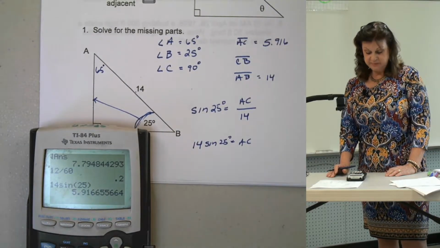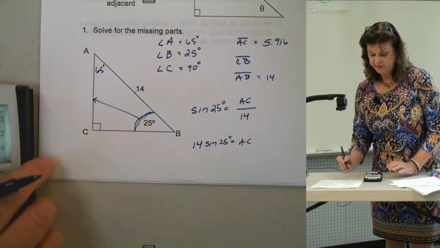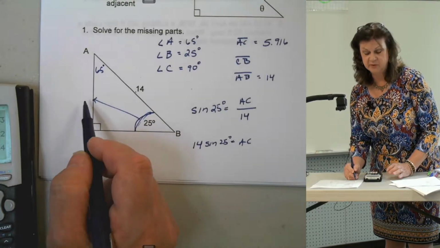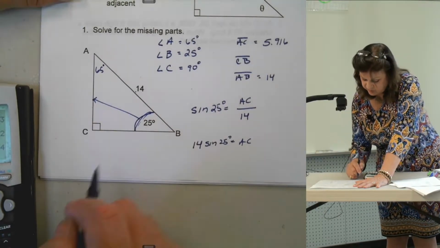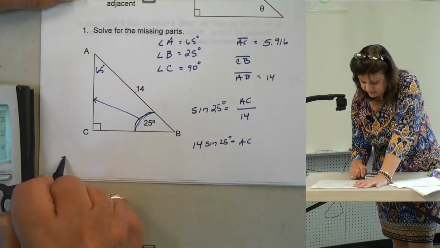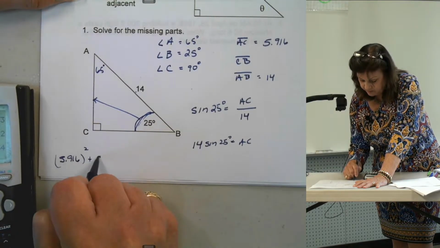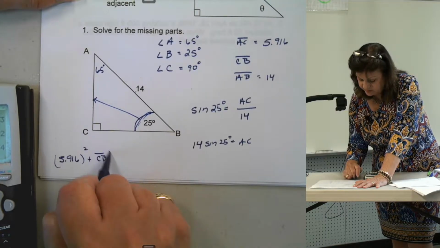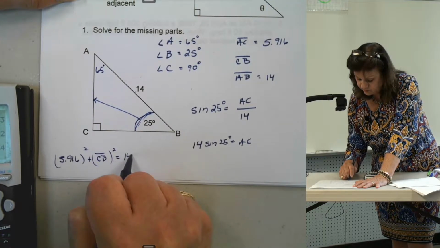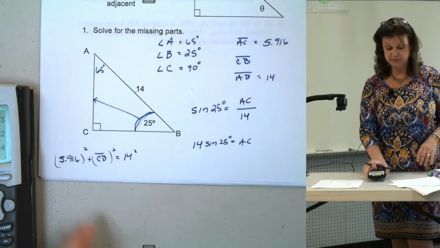Now, you have 2 options here. You can use Pythagorean's theorem since you now have one of the side lengths. So let's say you wanted to do that. Let's say you said 5.916 squared plus CB squared is 14 squared.